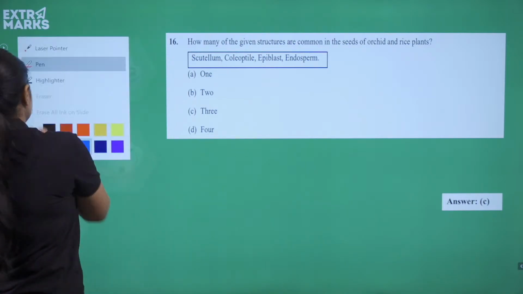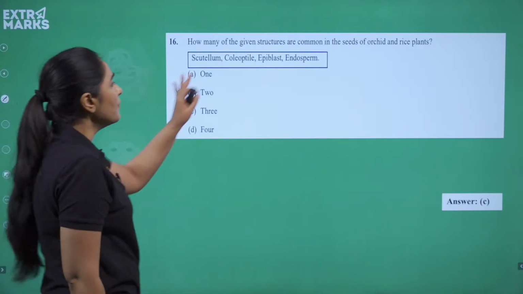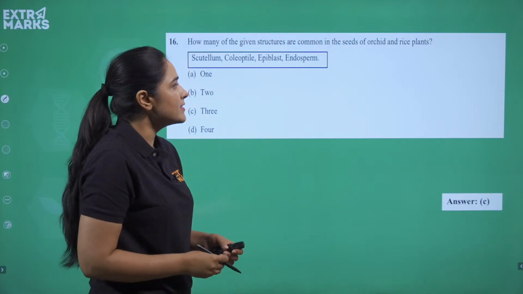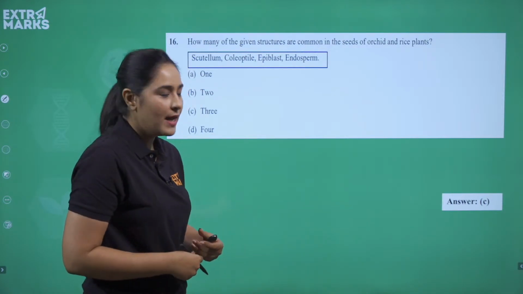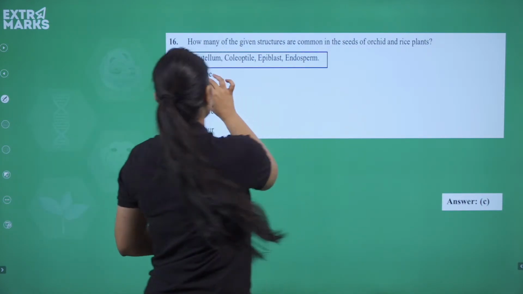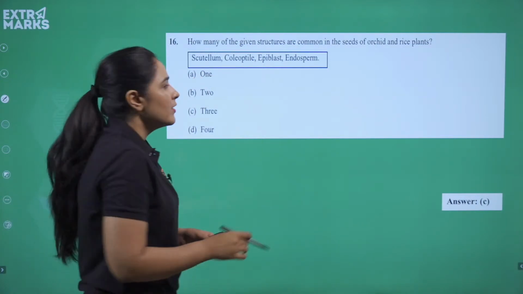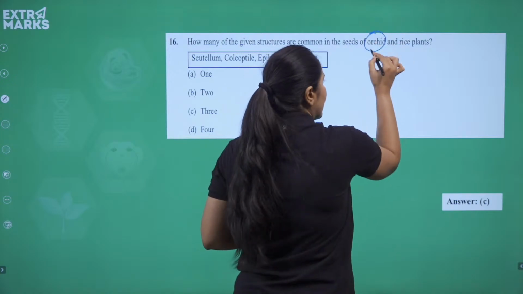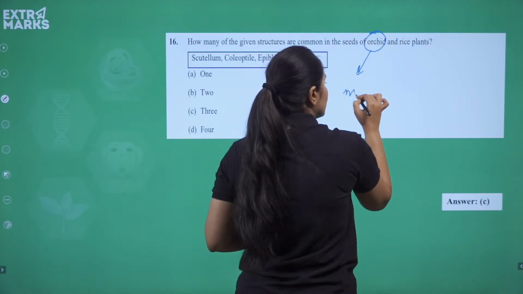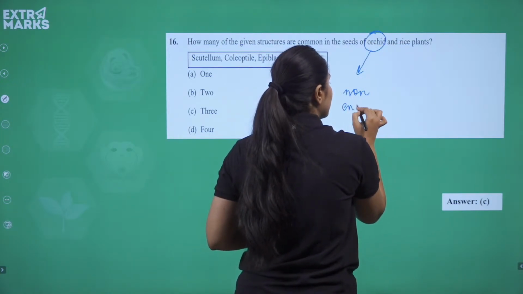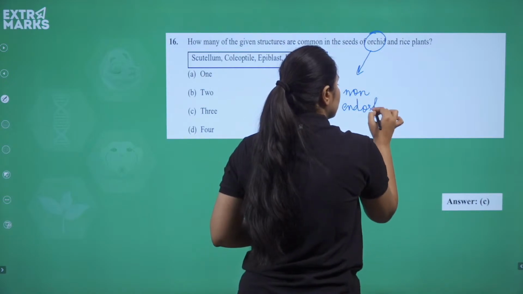Another question here is, how many of the given structures are common in the seeds of orchid and rice plants? So here we are having scutellum, coleoptile, epiblast, endosperm. One thing has to be remembered that orchid is non-endospermic kind of seed.